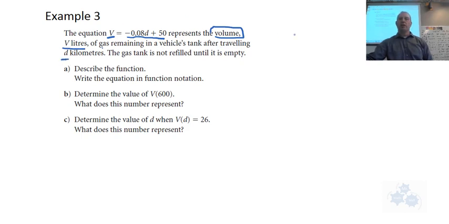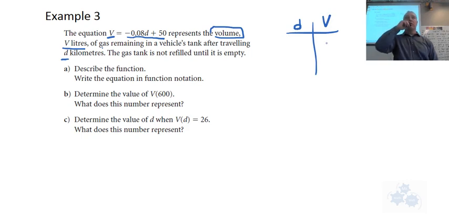Okay? So we have D is our input variable, and V, the volume of gas remaining, is our output variable. Does that make sense? So the volume of gas that you have left depends upon how far you drive. The gas tank is not refilled until it's empty.